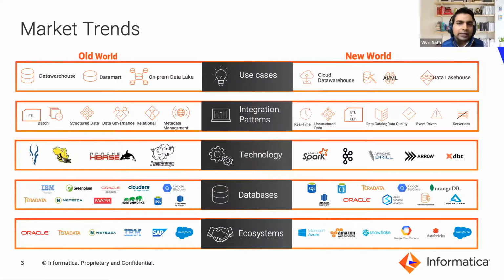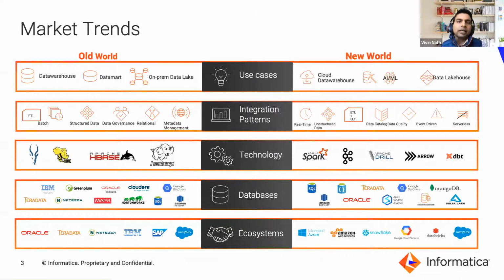also in use cases, integration patterns, databases, and ecosystem. The center of gravity is fast shifting to the cloud in the form of movement to the cloud data lakes and data warehouse from on-premise systems, right? So the newer integration patterns have emerged to support these newer use cases in the form of ELT, real-time, event-driven, and serverless architectures.